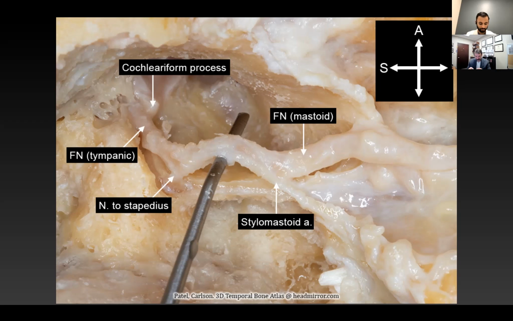The key to mobilizing a nerve is extensively decompressing it, not just 180 degrees, but really as far around it as you can get, so you're just leaving a little teeny bridge. If you do that, you can move it with less trauma to the nerve when you start the actual mobilization.